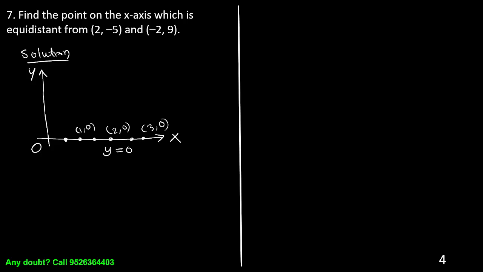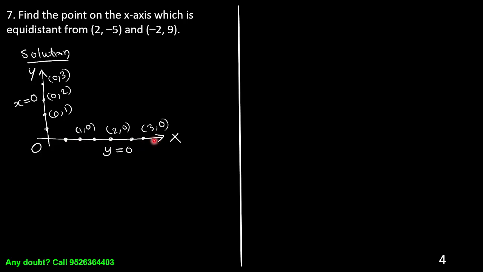And what about y-axis? If you take any point on y-axis, its x value will be 0. For example, the points like (0, 1), (0, 2), (0, 3), etc. are all lying on y-axis. So please remember this.